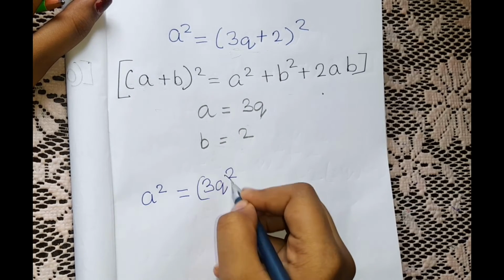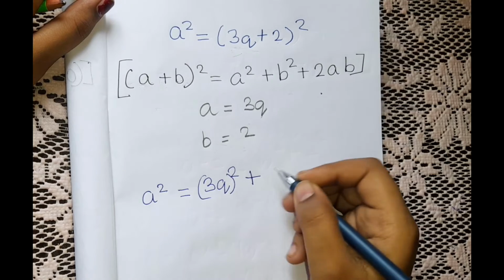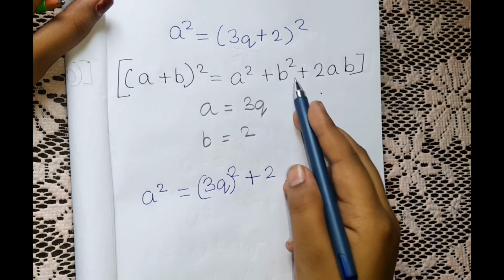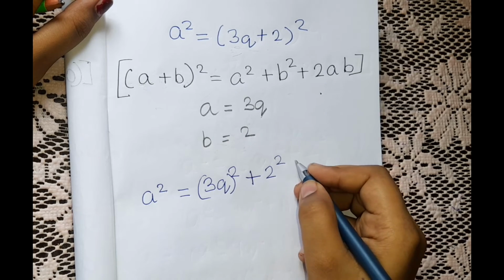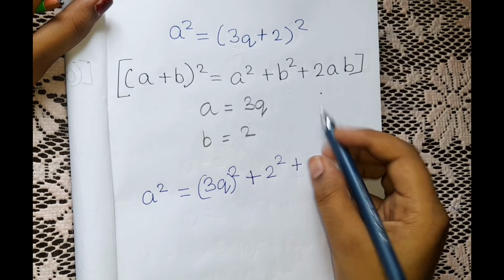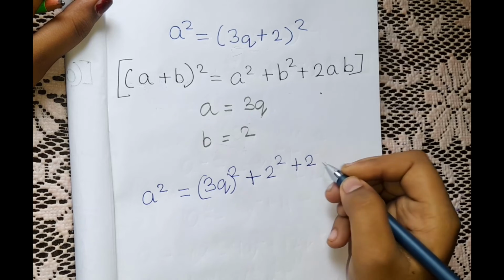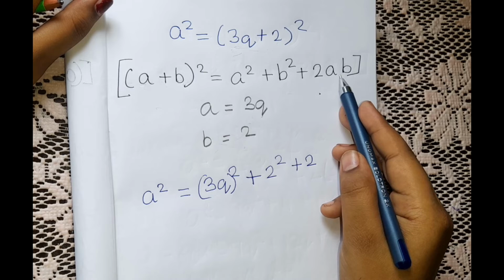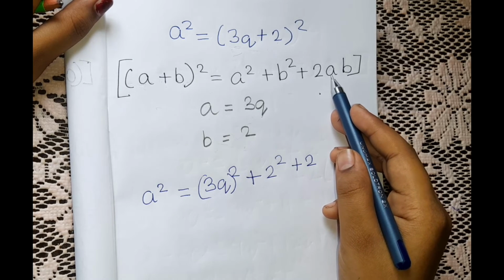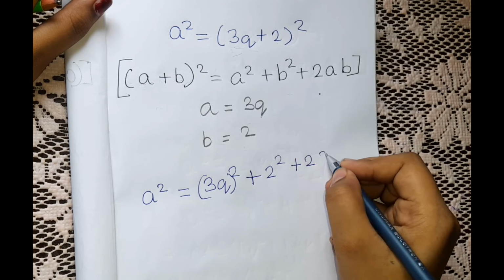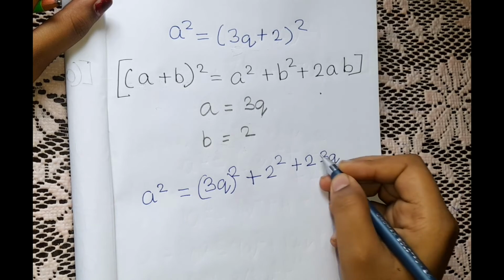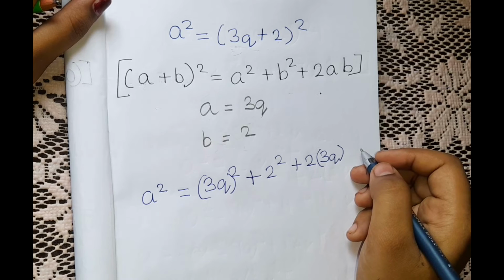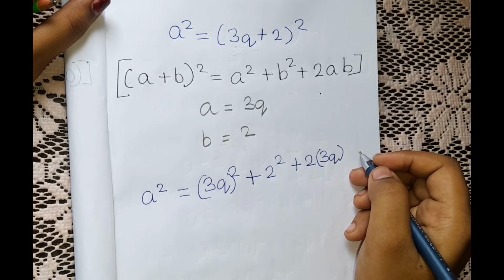So it is whole square plus instead of b we should write 2, and here it is square, so we shall write square plus 2. We shall write this 2 as it is, that is in the formula, and a. Here it is 2 into a into b. That means in a place we shall take 3q because in this whole formula we are supposed to take a as 3q and b is equal to 2.